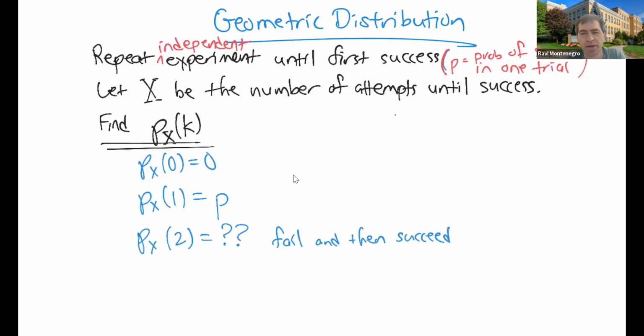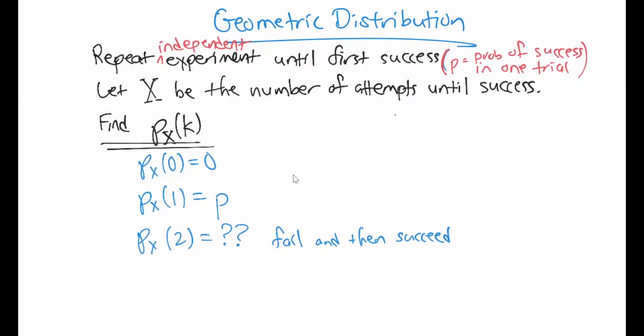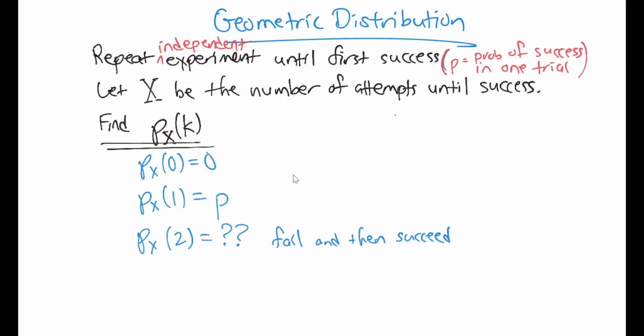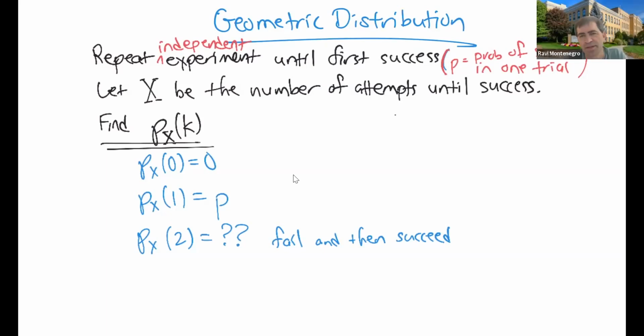So what's the probability of failure on my first attempt? I heard a couple answers. So what was the probability of failing my first attempt? Well, the probability of succeeding is P. So failing is 1 minus P.